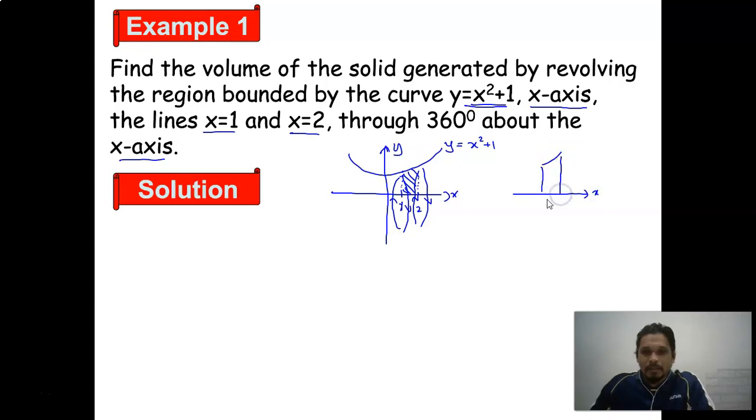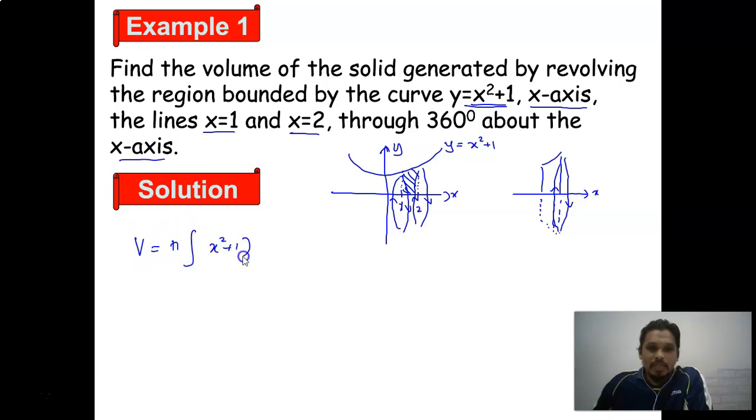It is rotated 360 degrees about the x-axis, so it's a 3D picture. So V equals pi integral of (x squared plus 1) squared dx, from x equal to 1 until x equal to 2.